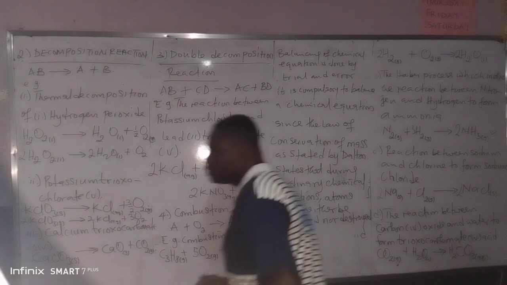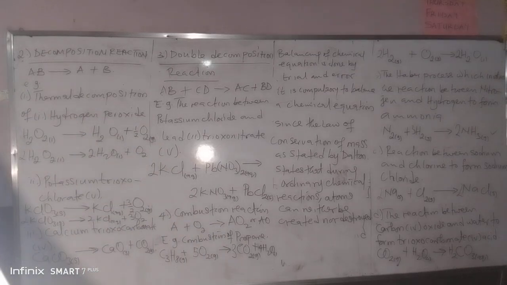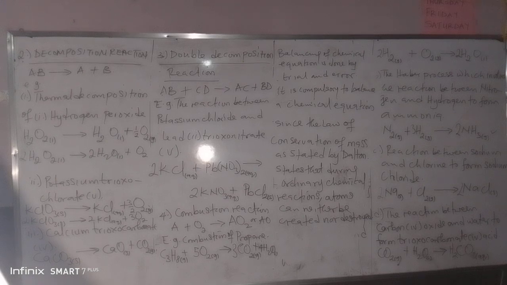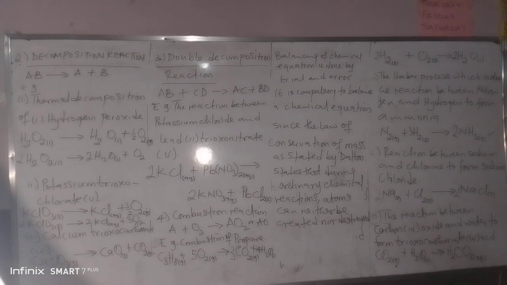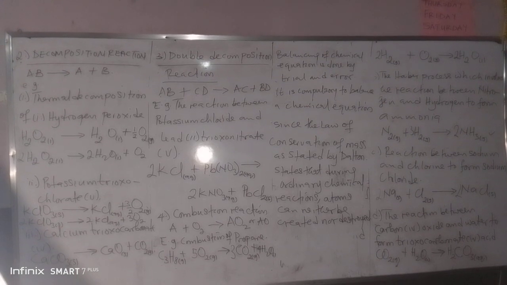So you cannot create atoms, you cannot destroy atoms. So the number of atoms you begin with at the reactant side must be equal to the number of atoms you finish with at the product side. If not, you would have created or destroyed atoms.